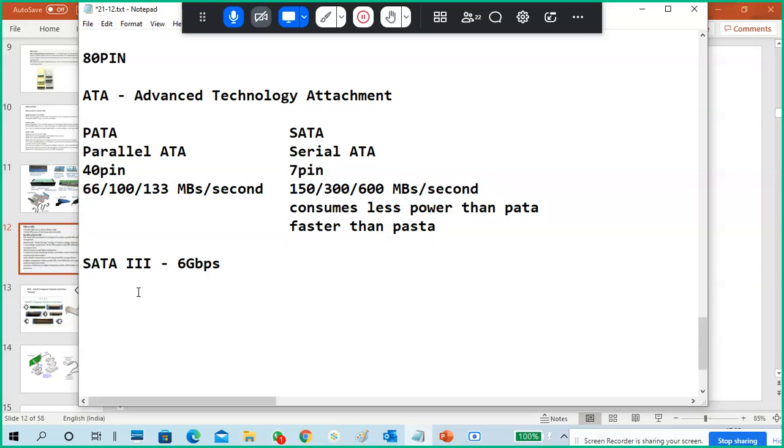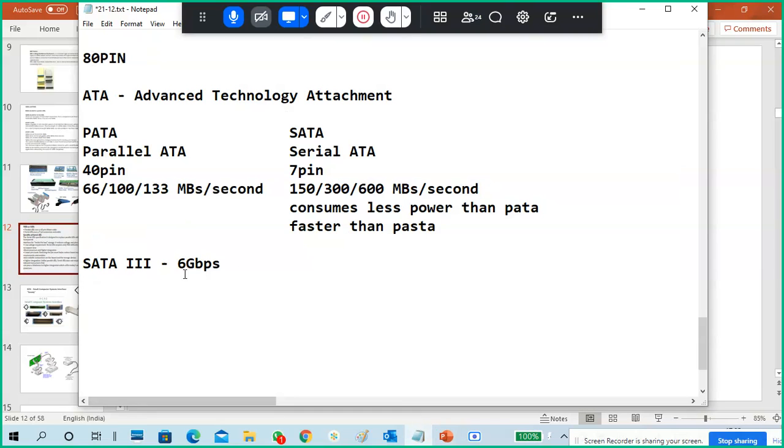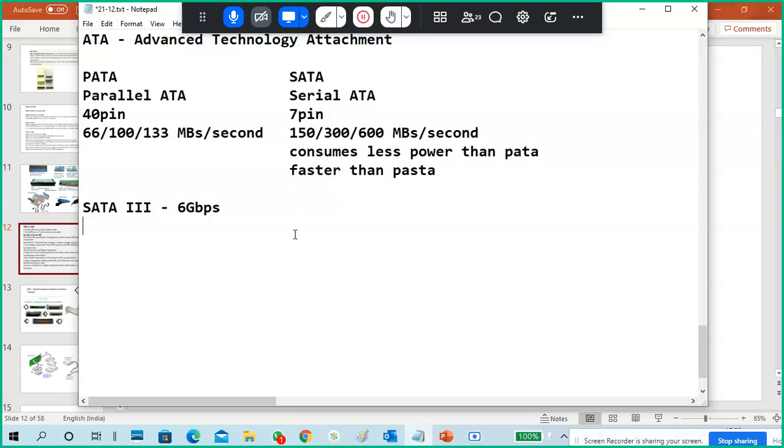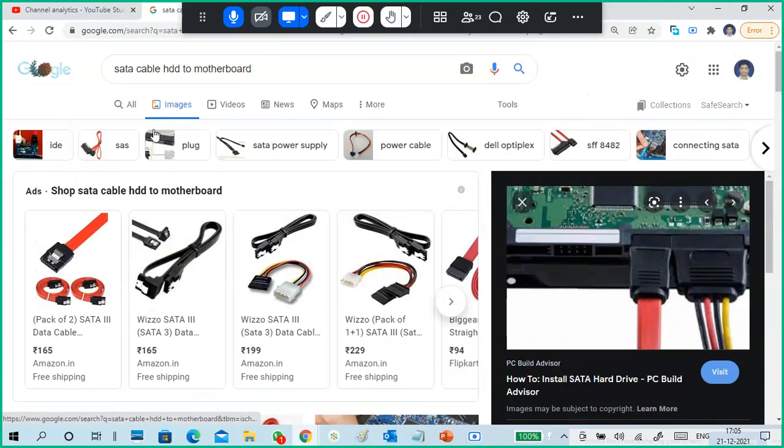I collected some data from different resources. Some data is from Microsoft slides only, some data is not from Microsoft, so there is no standardization there. Okay. SATA 3, the speed is 6 Gbps. And you can also find it very easily from original data.